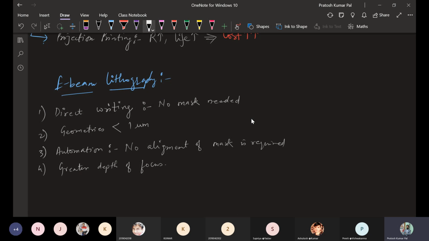As no mask is required, we can have a greater depth of focus. We can focus on a larger depth of the semiconductor surface, so we can have better lithography. So these are the advantages of e-beam lithography.